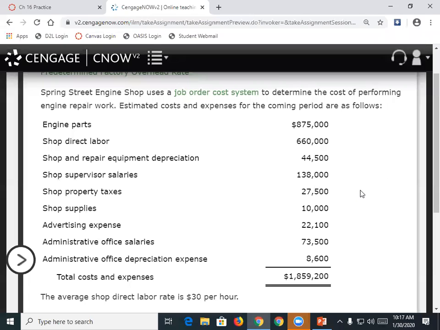So what's my estimated total overhead? Should just be 220,000.